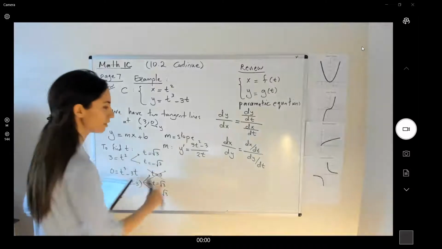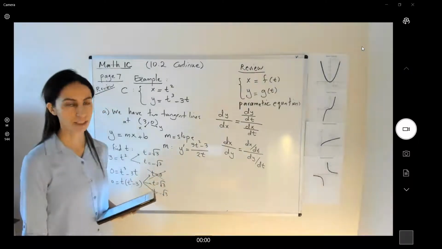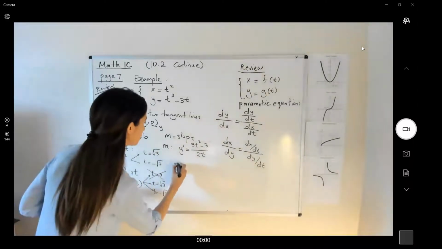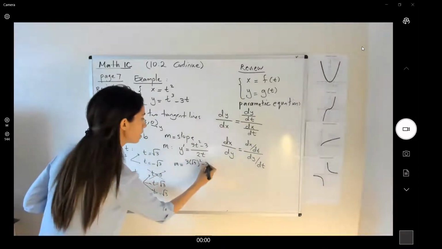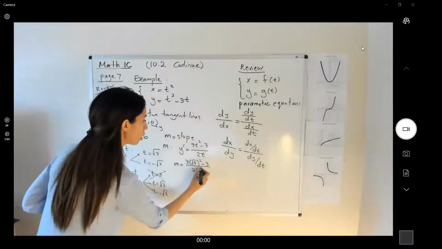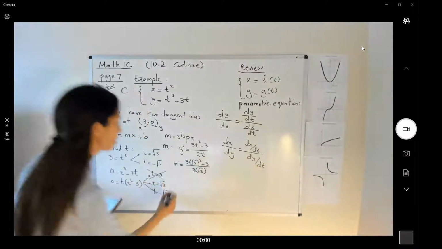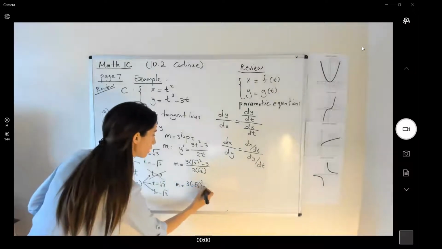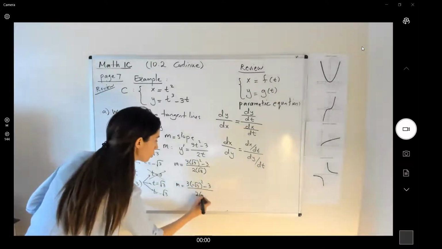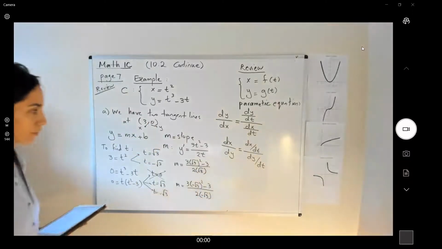So for different values of t, we find m. m equals (3 times square root of 3 squared minus 3) divided by 2 times square root of 3. And m equals (3 times negative square root of 3 squared minus 3) divided by 2 times negative square root of 3.